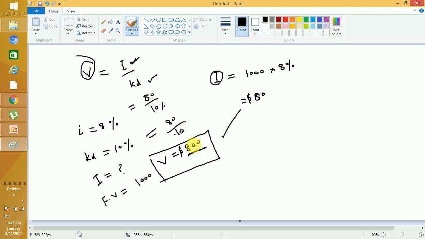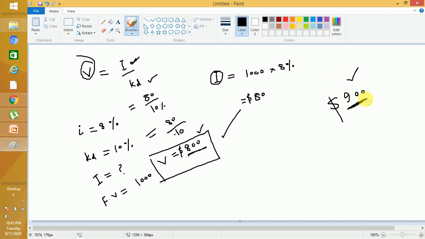Above $800 you will be at a loss. Below $800 you will be at a profit. Suppose in the market its value is $900.